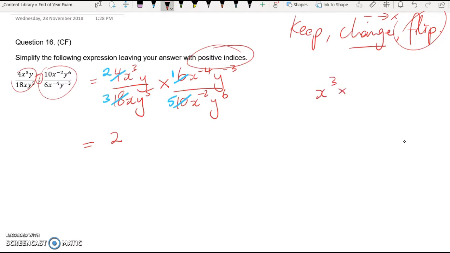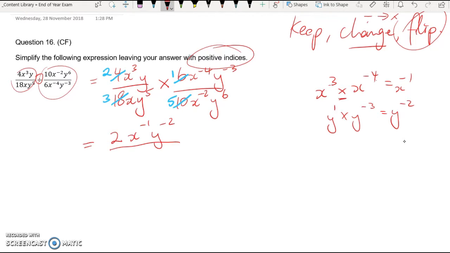Remember when you're timesing, you add the indexes together. 3 plus negative 4 is negative 1, so it's x to the power of negative 1. And then with our y variables, we've got y times y to the negative 3. That's y to the power of 1 there, so that will be y to the power of negative 2 on the top. So the top part's done.